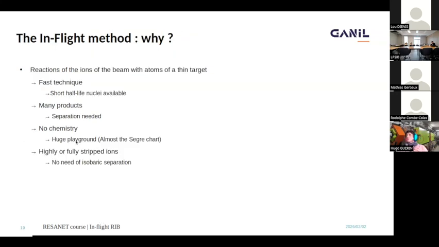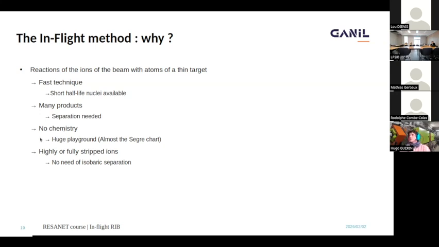In-flight uses the ion beam in a thin target. This is a fast technique, so you can have short half-life nuclei. But you also have many products, so that's why you need a separation.